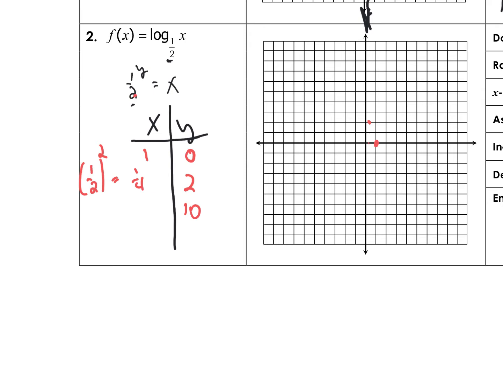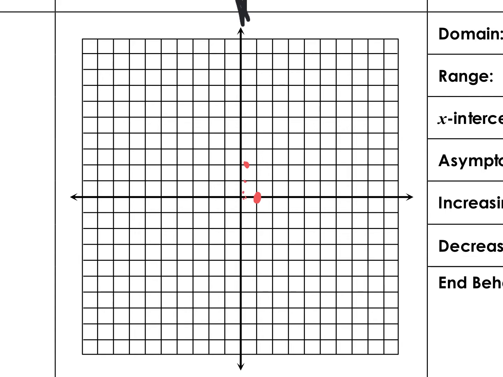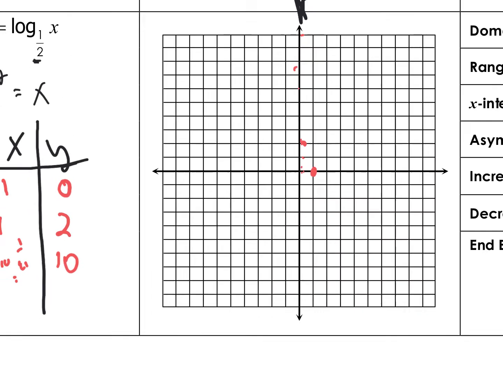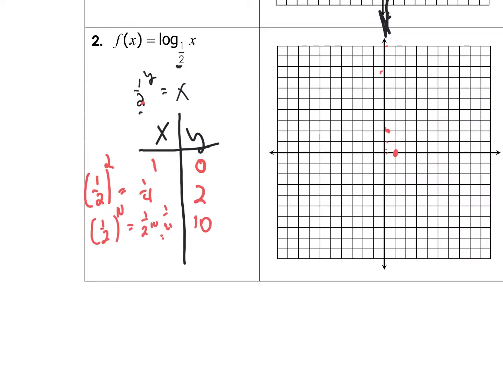Well, unfortunately, it's going to put it back in the same place. 1/2 to the 10th. 2, 4, 8, 16, 32, 64, 128, 256, 512, 1024, so 1/1024. It's very small. It's going to be way up here. So that's what's happening here. It just keeps getting closer and closer to the y-axis going up that way.